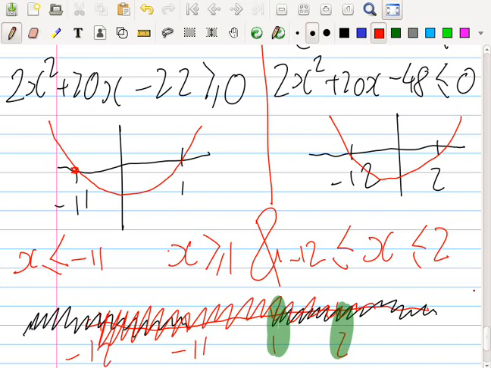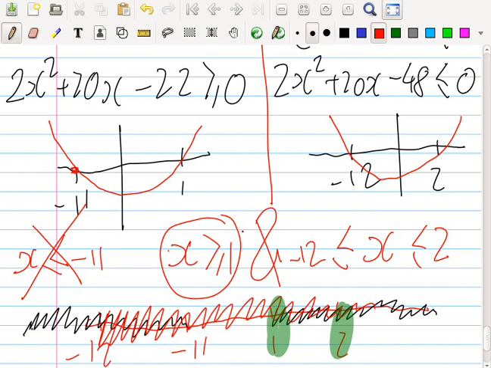Well, let me simplify it for you. X must be a natural number, right? So is this one here any good to us? 1 and 2 is right. Yeah, let's work it out. X must be a natural number. Is this any good to us? No. Gone. What about this one? Yeah. X must be greater than 1. But here I say x must be between minus 12 and 2, right? But I've already just said x must be greater than 1.